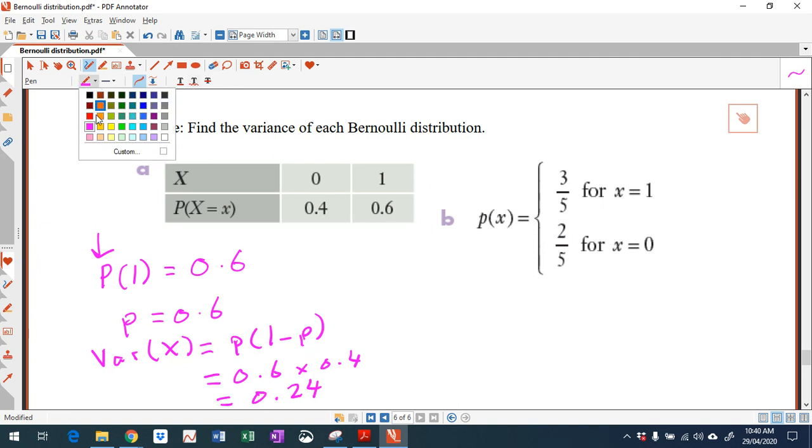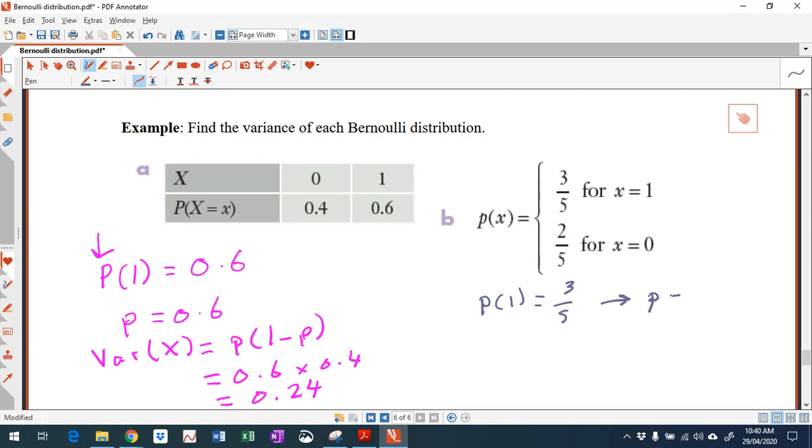What about the second example? Starting off with P of 1 is equal to 3/5. That means p is equal to 3/5.